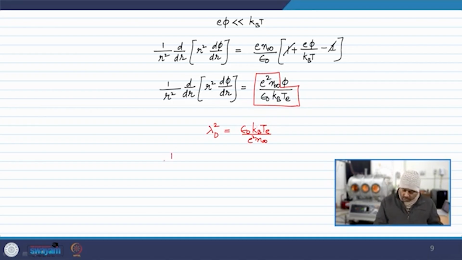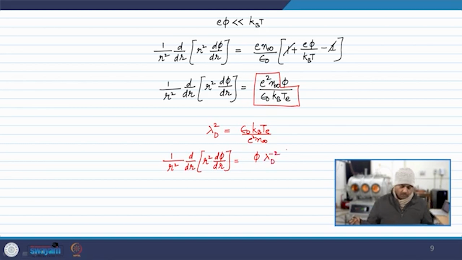Using this, we can write the equation as (1/r²) d/dr (r² dφ/dr) = φ λ_D^(−2).